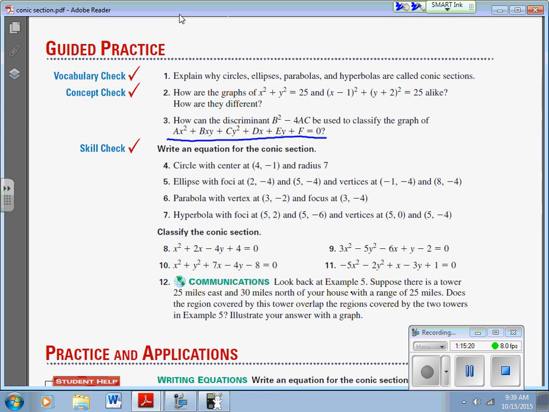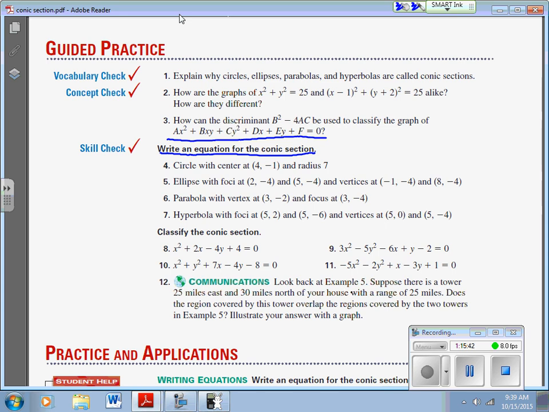A circle with a center at 4, -1 and a radius of 7. Could you write the equation of this if you know that information? Do you think you guys can write it? You want to do it together? Yeah? So do me a favor then. Go back to the first page.